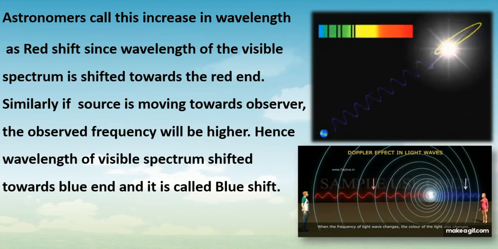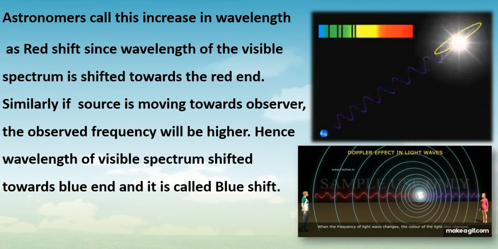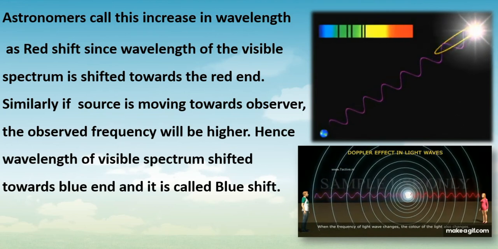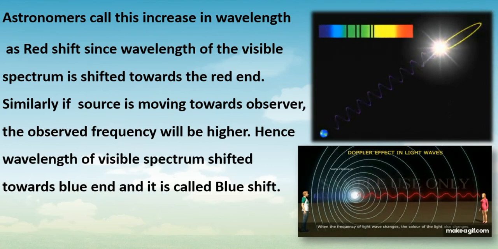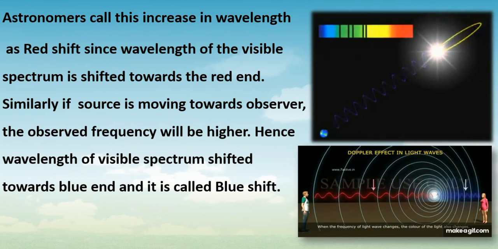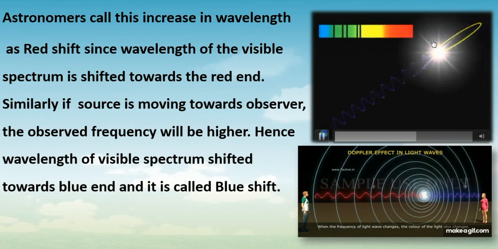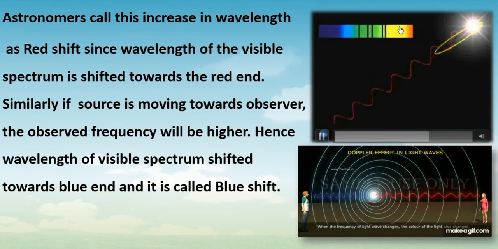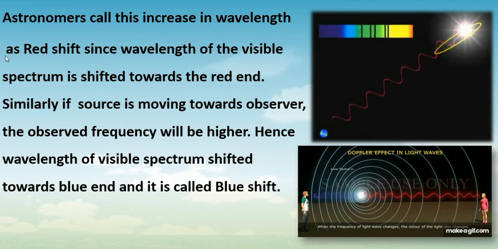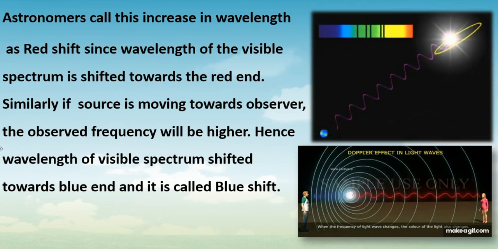Now it is moving towards the blue end. Now it is moving towards the red end. As the object is approaching the earth, the wavelength is shifting towards the blue end, and as the object is moving away from the earth, the wavelength of that light is shifting towards the red end. See, red end. That's why this is called redshift. Since an increase in wavelength is called a redshift, the wavelength of the visible spectrum is shifted towards the red end.